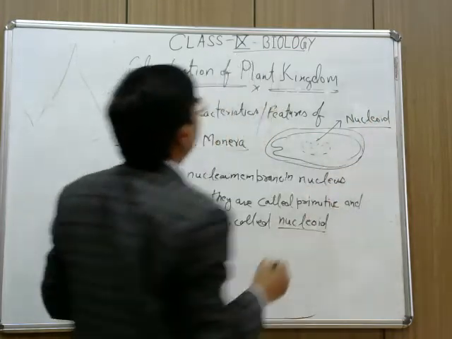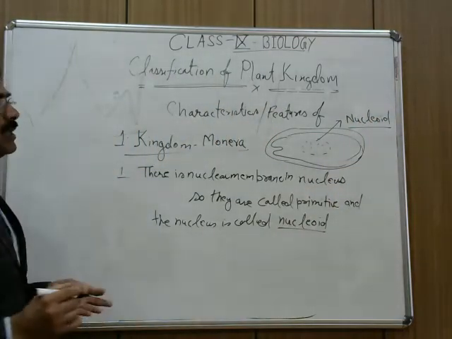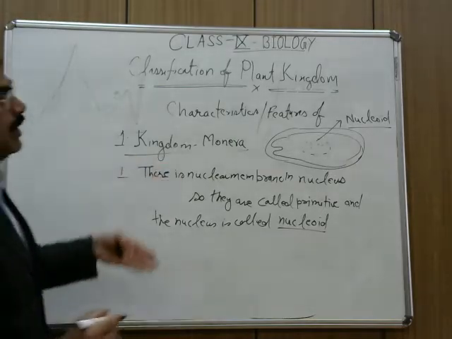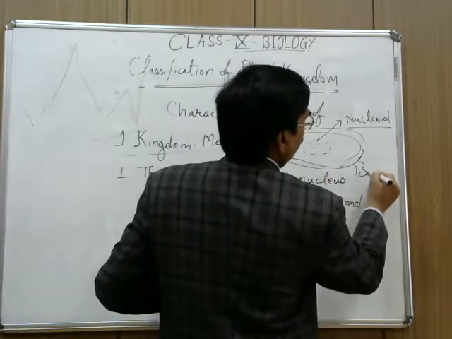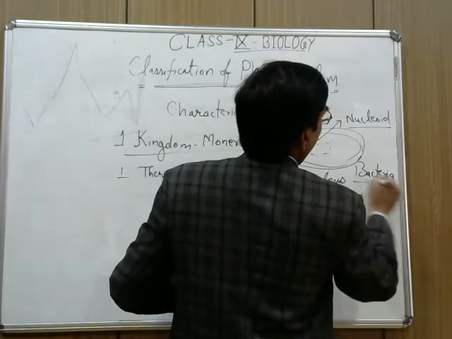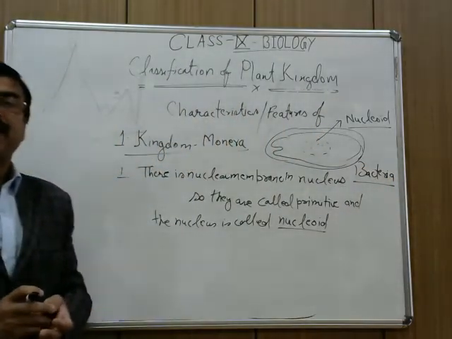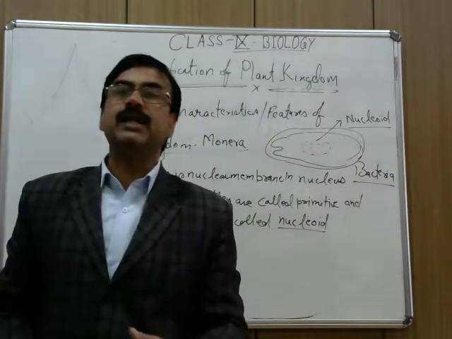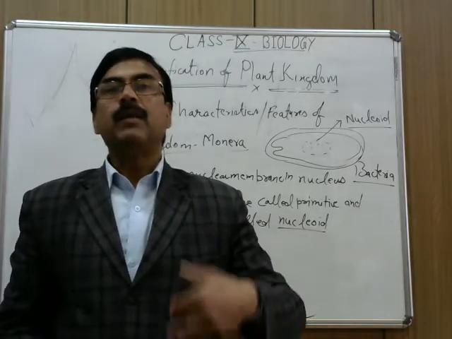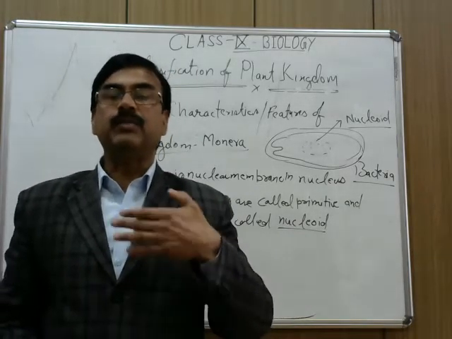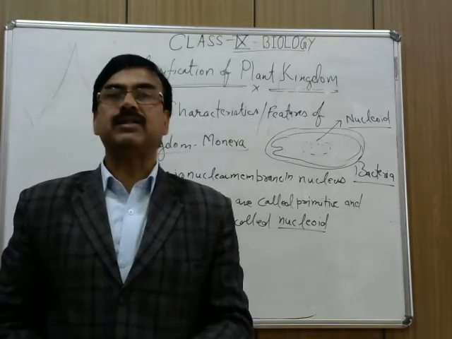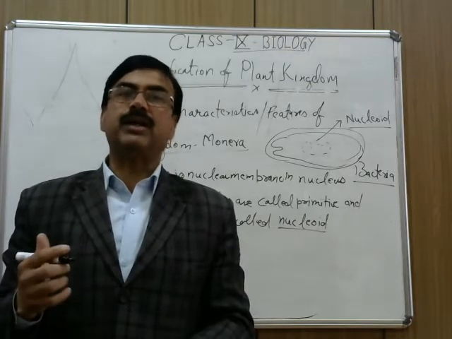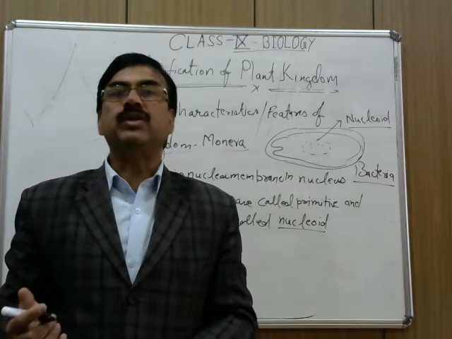Because bacteria, you know, the example is bacteria, so they are undeveloped. In bacteria the undeveloped nucleus is present, that is why they are called primitive nucleoid. Primitive nucleus is present, and that uncovered nucleus is called nucleoid.